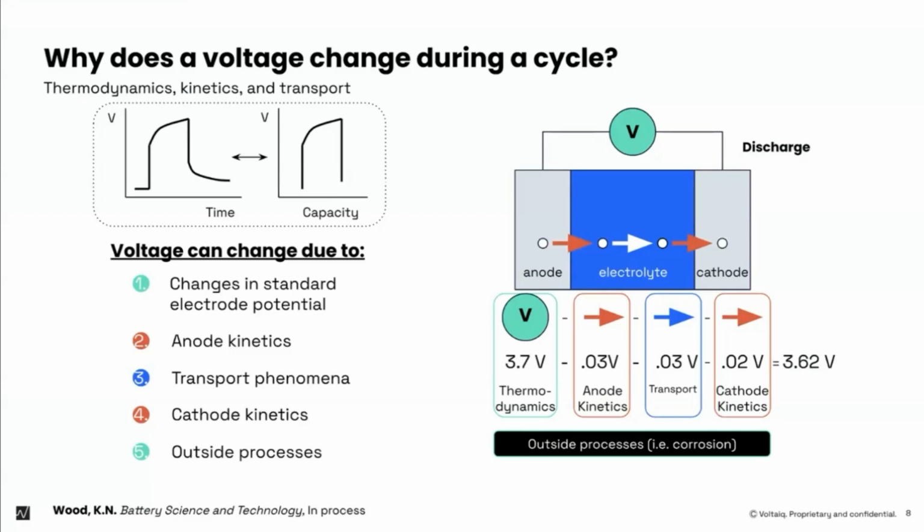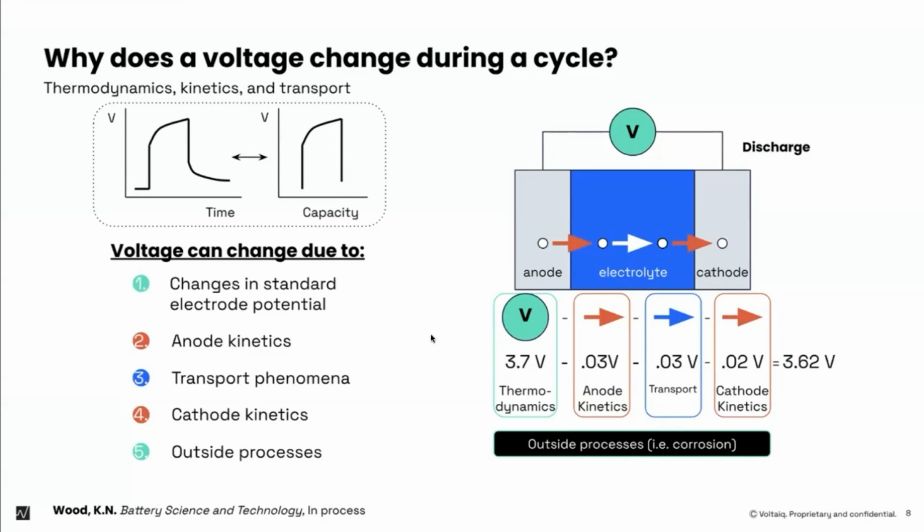Once it gets to where it's going, there are also some other transport losses we'll talk about in a second, but you can think about just moving that lithium ion across the electrolyte. There are losses associated with that, just as there's resistance associated with moving an electron through a wire. Then when you want to put that lithium ion into the cathode, we have a lithium ion and we want to make it lithium in the cathode, so there's a charge transfer reaction once again.